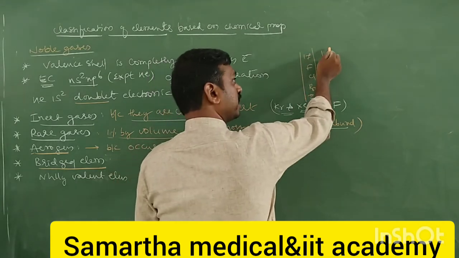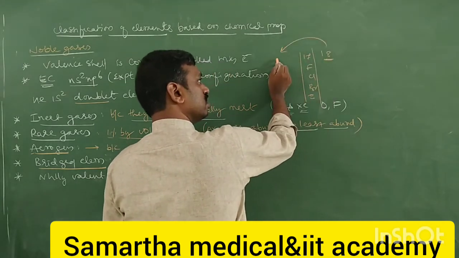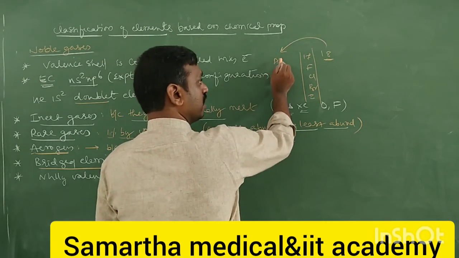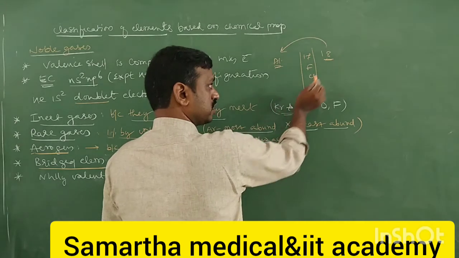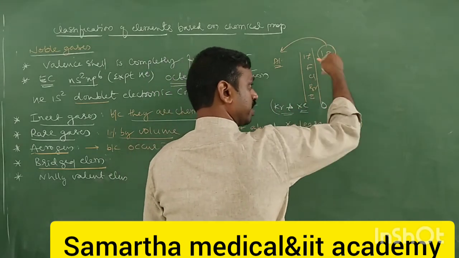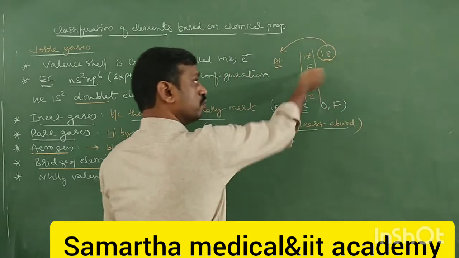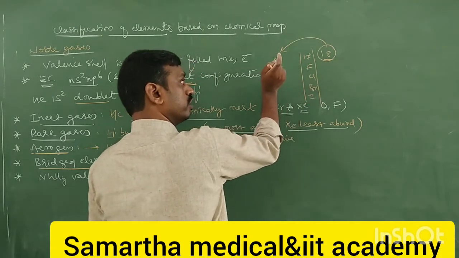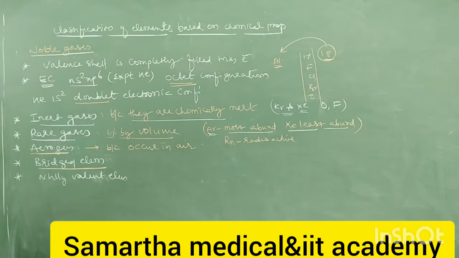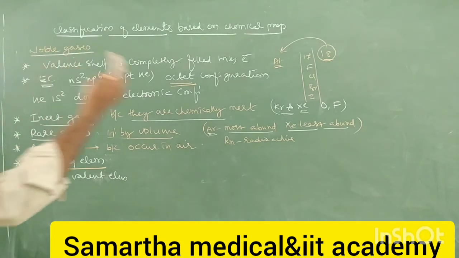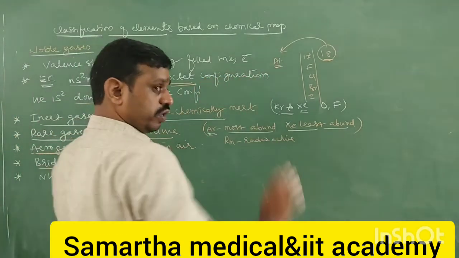Next, after the 18th group, which group starts? First group, alkali metals. Alkali metals are the most electropositive. It means the 18th group elements are chemically inert, in between the most electronegative and the most electropositive. Therefore, they are also called bridging elements. They form the bridge between the most electronegative and the most electropositive elements.